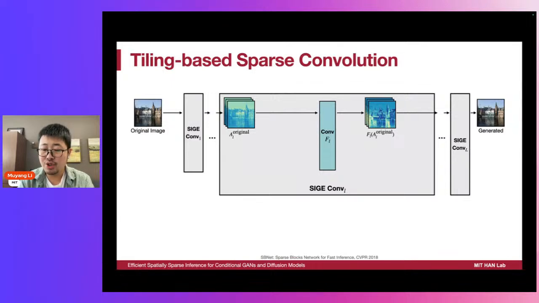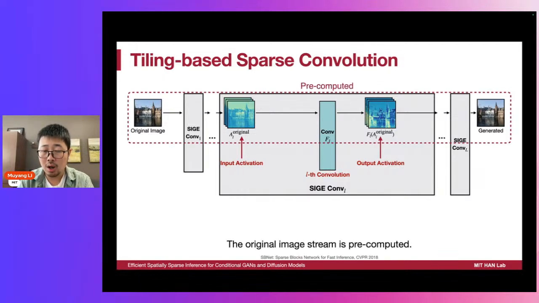For each convolution in the model, we just wrap it into a SIGE-conv. Here A_L is the input activation, F_L is the L-th layer, the convolution layer, and F_L(A_L) is the output activations. We suppose that the original image features have already been pre-computed and cached.